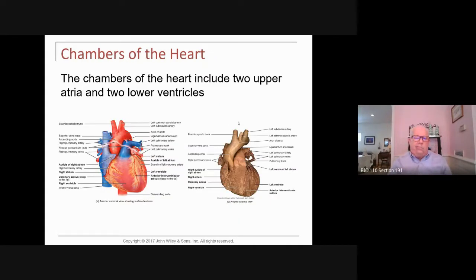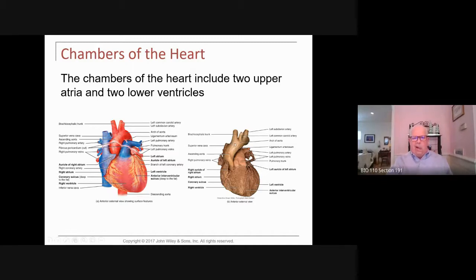There are basically four heart chambers. There are two upper chambers, called atria, and the two lower chambers are called ventricles. So you have a right and left atrium and a right and left ventricle.